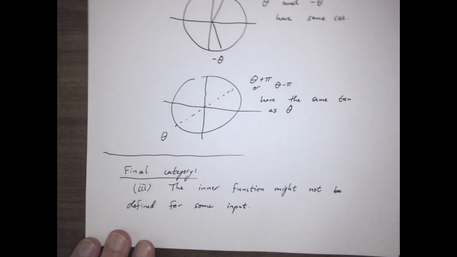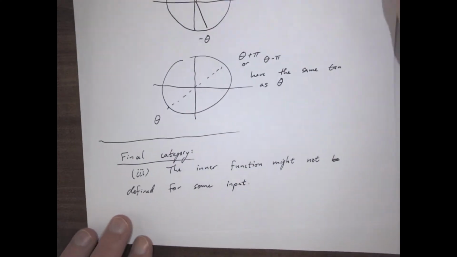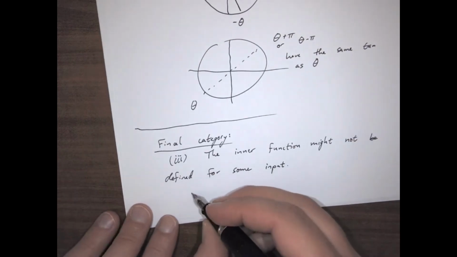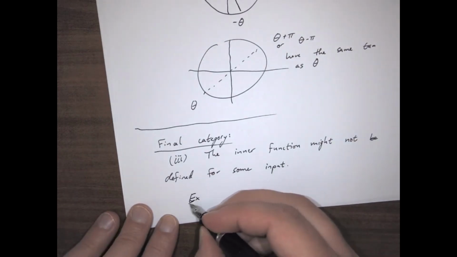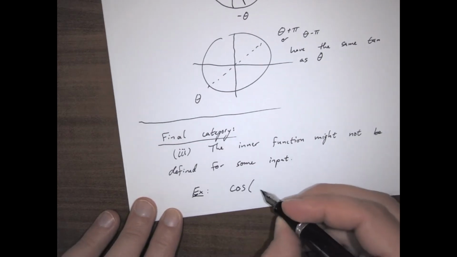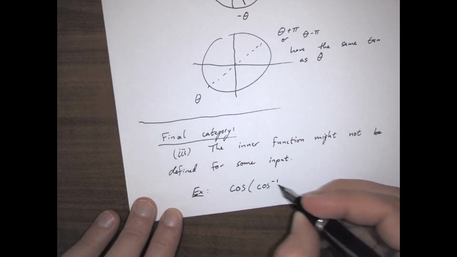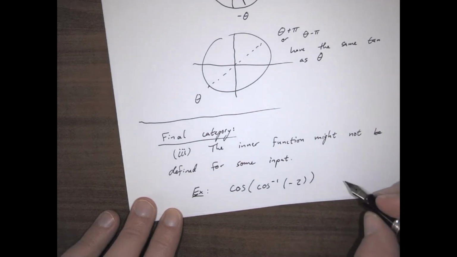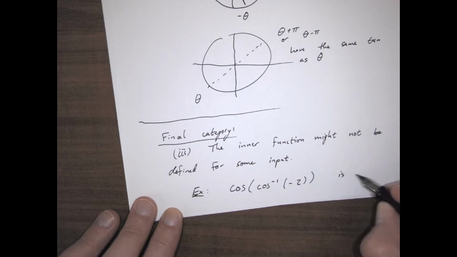And a good example of that would be, let's just say, cosine of cosine inverse of -2. So this is undefined.